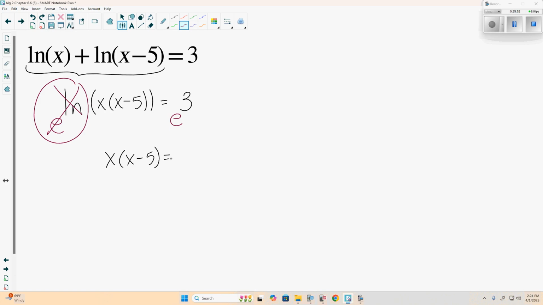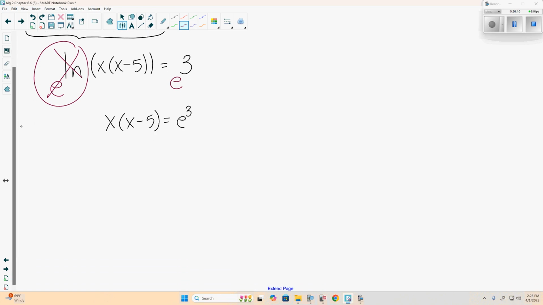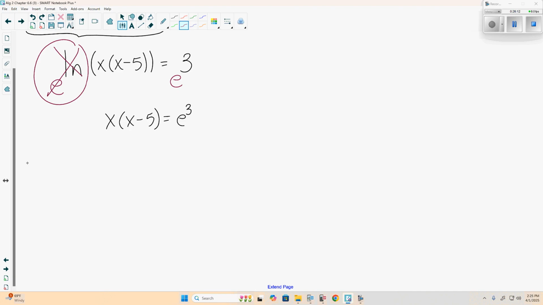what is e to the third? A very rough number, yes. E is irrational, so e to the third power is also irrational. So we're going to leave it as e to the third. But that's also going to cause some issues, because when we factor, we don't factor irrational numbers.